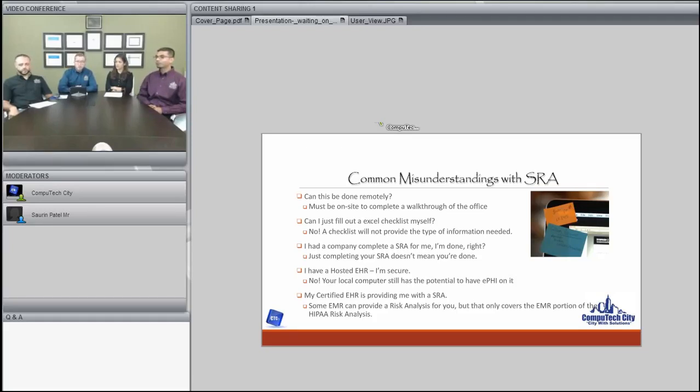Smaller practices may be able to conduct their own security risk assessment, but it would require the same knowledge and thoroughness that a professional would give to complete the SRA. A certified professional should be the one to conduct your risk analysis for your practice. They should have a professional program that scans all workstations and servers to verify the information. The program usually will search for common medical terms to see if you have any type of documentation saved on a computer.